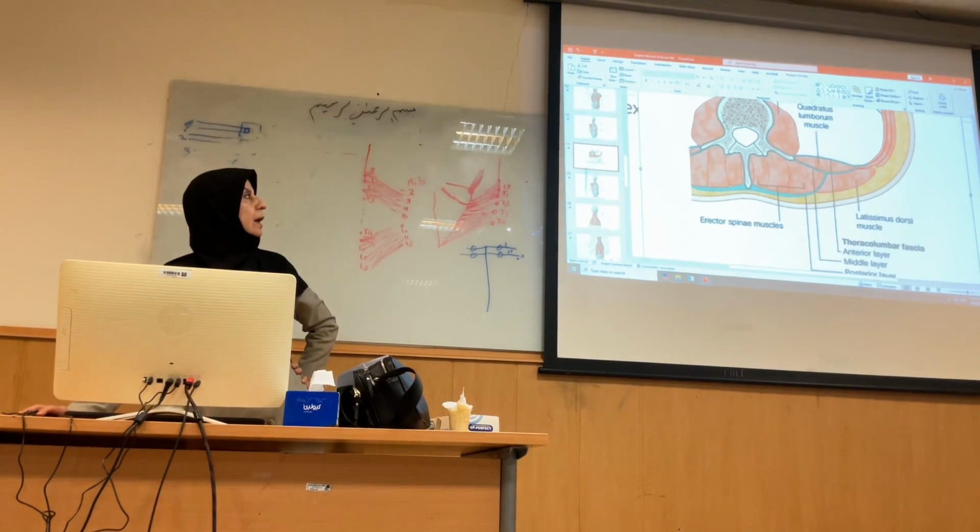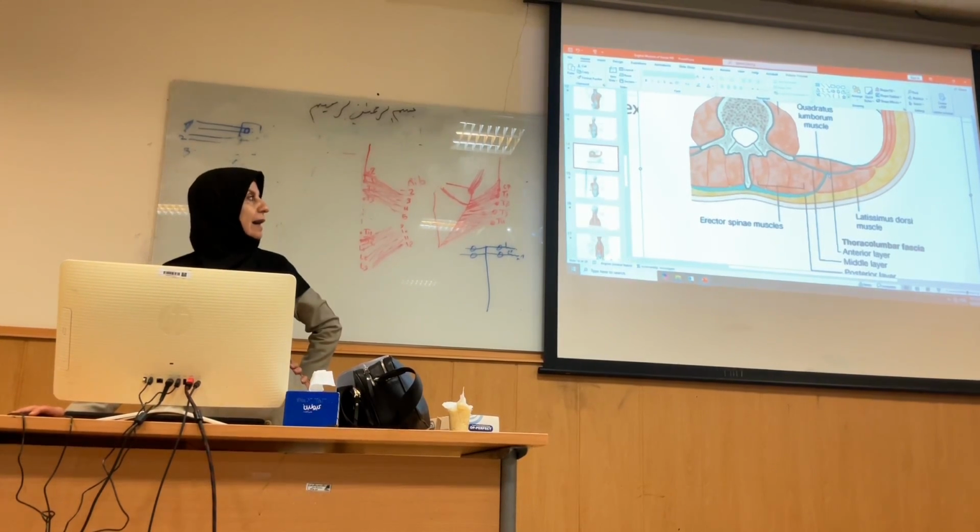The posterior layer medially connects to the tip of the spinous process. It passes laterally on each side, behind the erector spine muscle, and lateral to the erector spine muscle it connects to the middle layer.